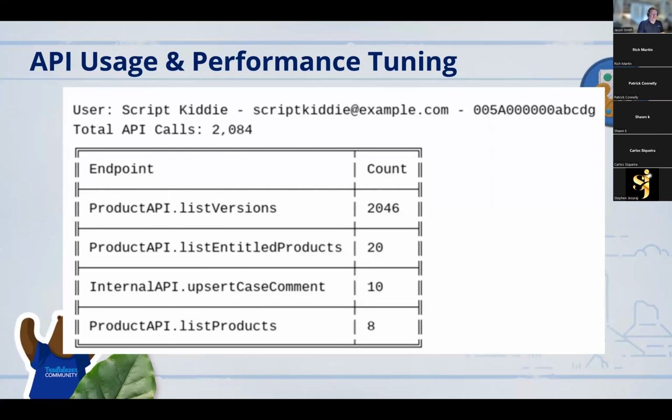Again, this one here is real data with names changed. Looking at our API usage, we had one user in a single day making 2,000 API calls to an API endpoint for list versions. I don't know about your company, but our company does not add versions frequently enough to require 2,000 calls a day to list versions for products.